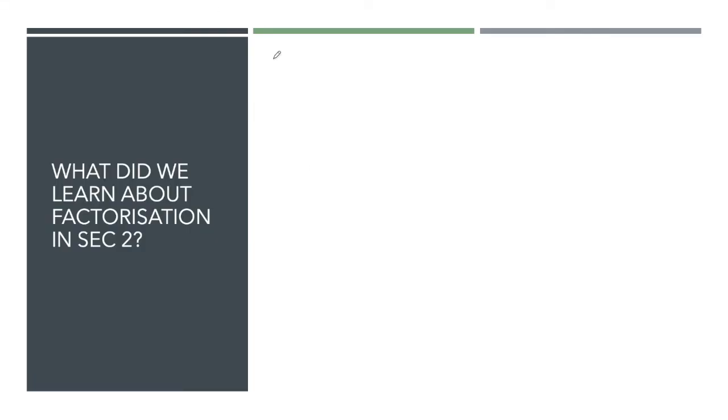So what did we learn about factorization in Sec 2? We learned that if we are given two terms, for example, 25 minus x squared, how do we factorize it? In this case, you can't use the cross method. So you have to go back to the 3 special formulas that you have learned, and this will be one of them, where you can use 5 minus x, 5 plus x.